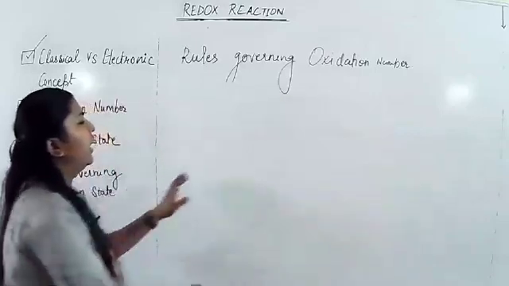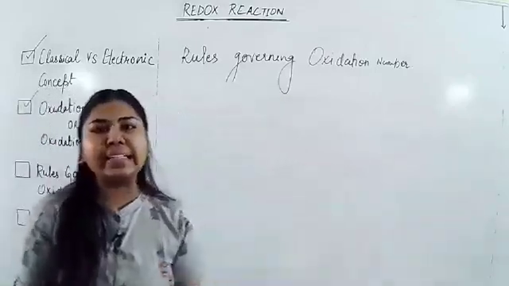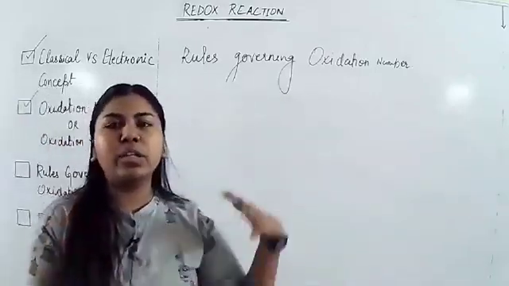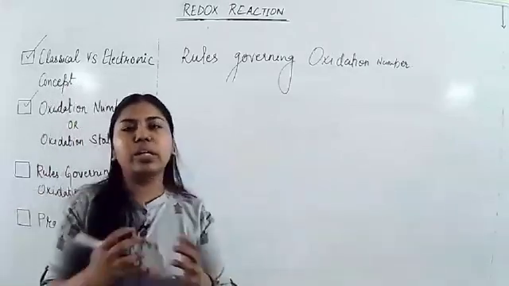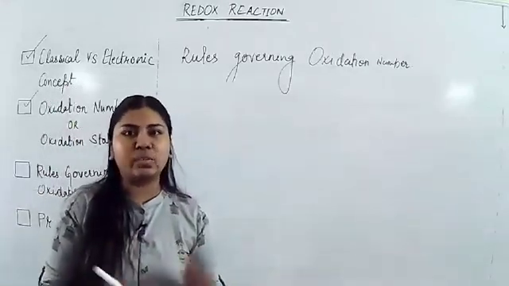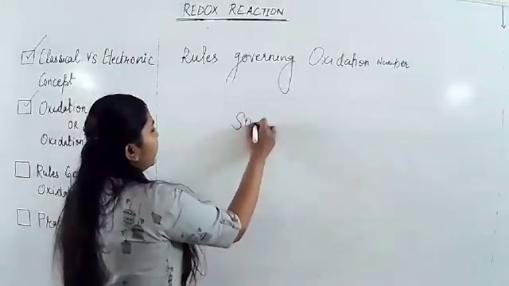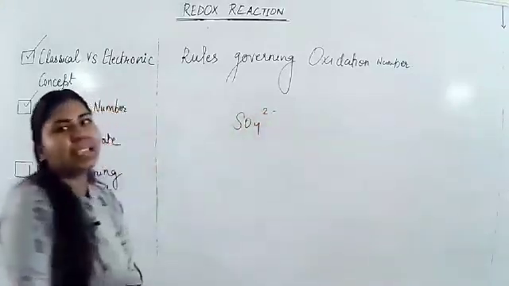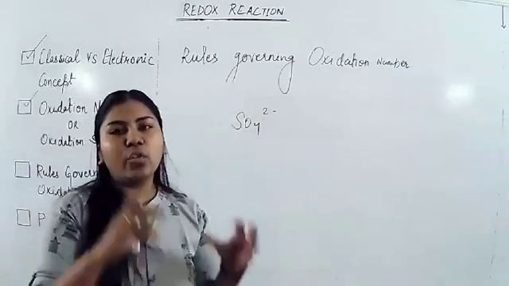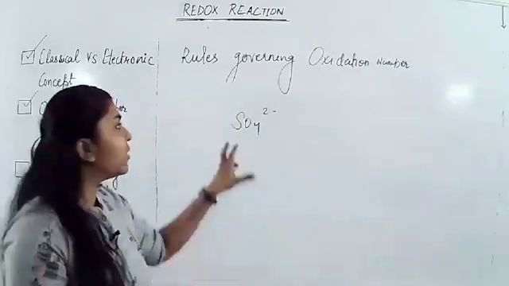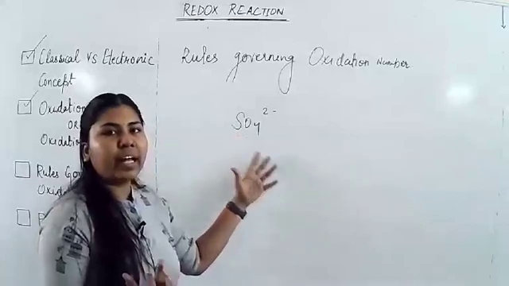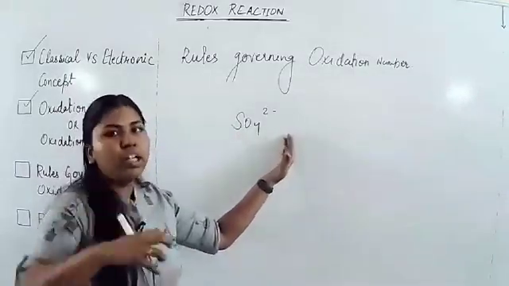Now let us see ions. We just discussed neutral compounds. If I have a sulfate ion, it has a 2 minus charge over it. So the sum of the oxidation numbers of the atoms will equal the charge on the whole ion.